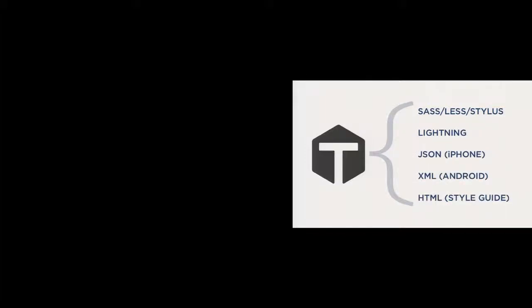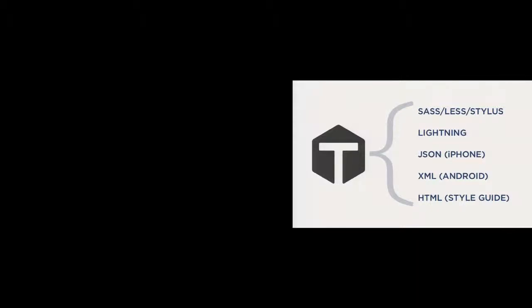So Theo is a tool which takes our raw format, which is JSON data, and translates it into the various formats. Here you see the CSS preprocessors like Sass and Stylus. It also translates it into Lightning, our Salesforce web framework, and the native platforms being iOS, Android, and also Windows 8, which is missing here.